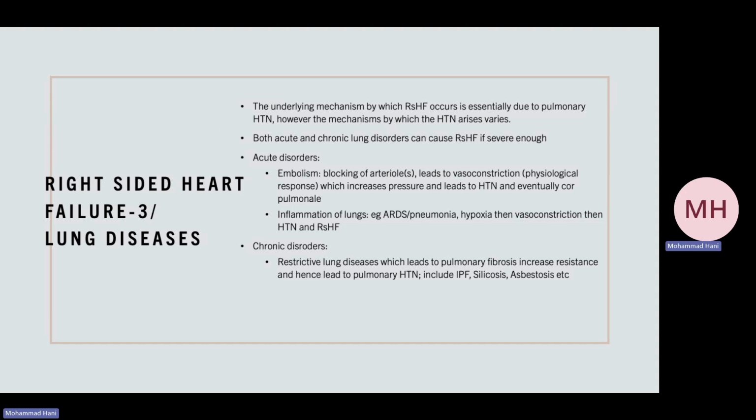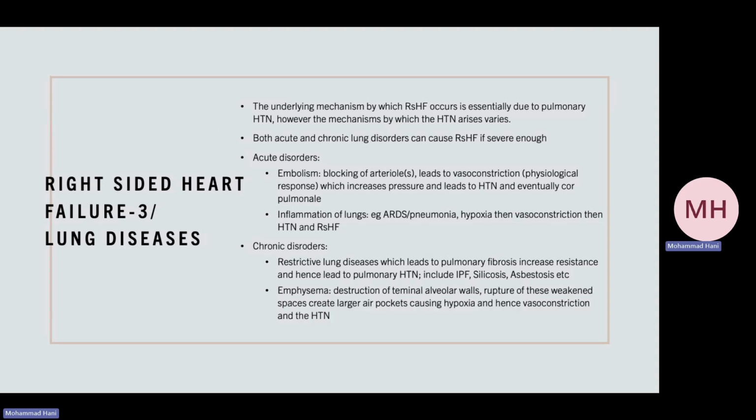When you have pulmonary fibrosis, the lung will lose its elasticity, which will cause an increased resistance in the vessels, leading to pulmonary hypertension, and they include things such as idiopathic pulmonary fibrosis, silicosis, asbestosis, and all the other different types of restrictive lung diseases.